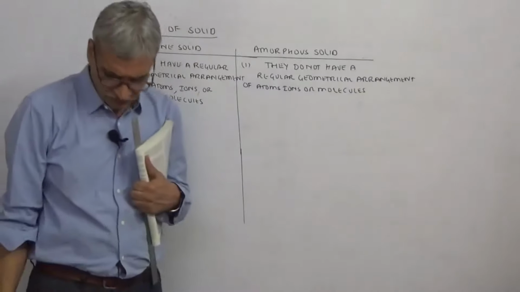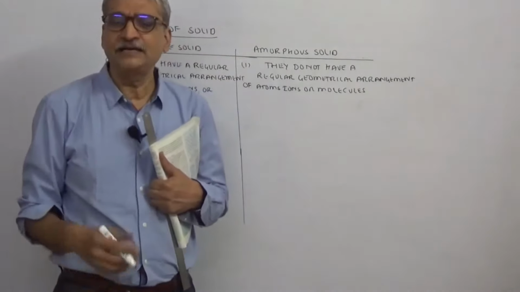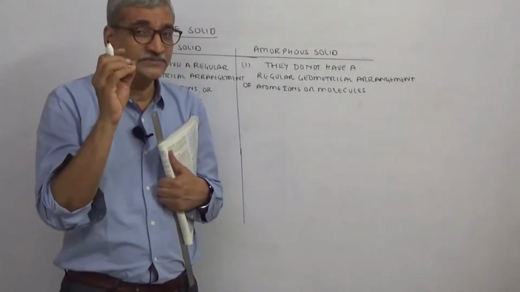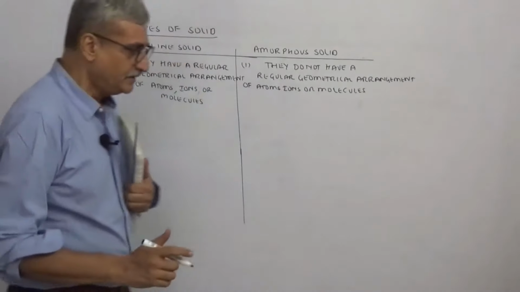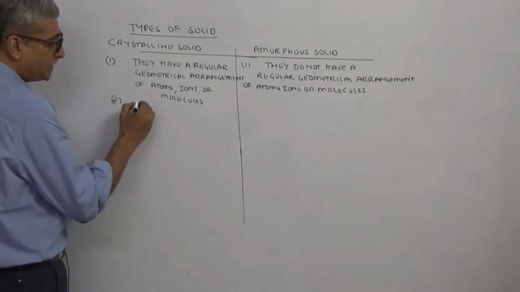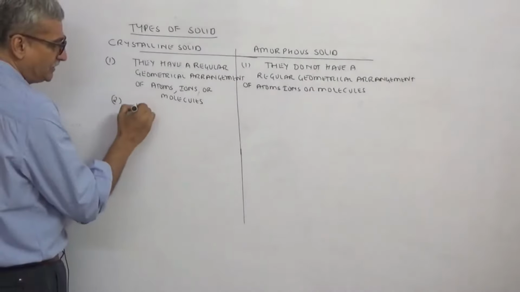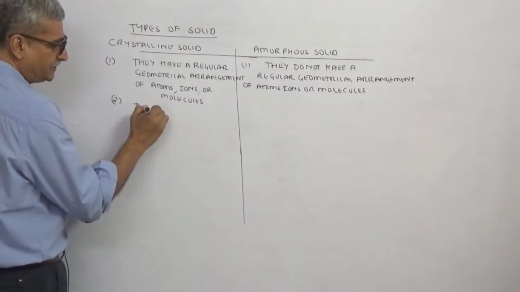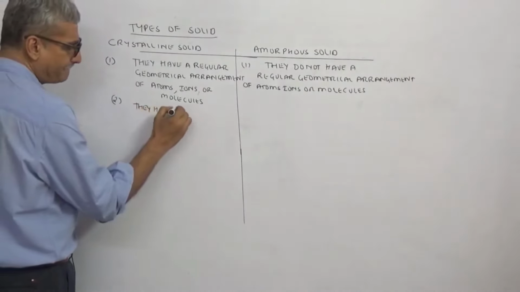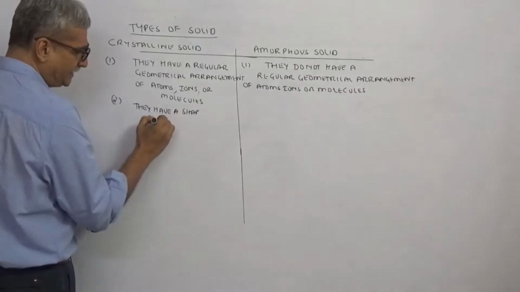How will we come to know whether they have a regular geometrical arrangement or not? We can look at the melting point. Crystalline solids have a sharp melting point.